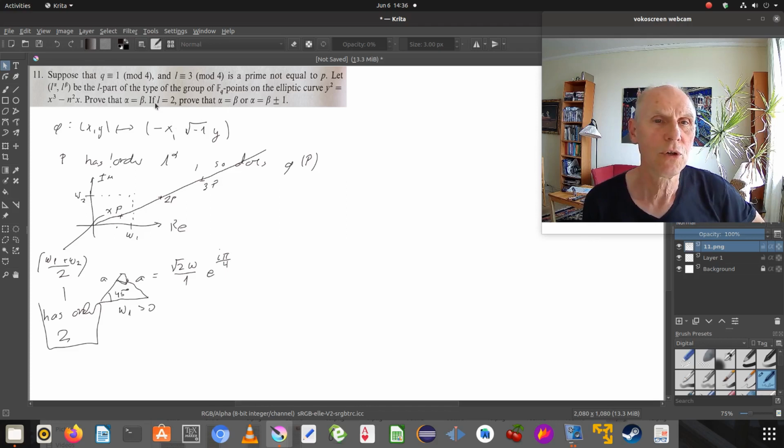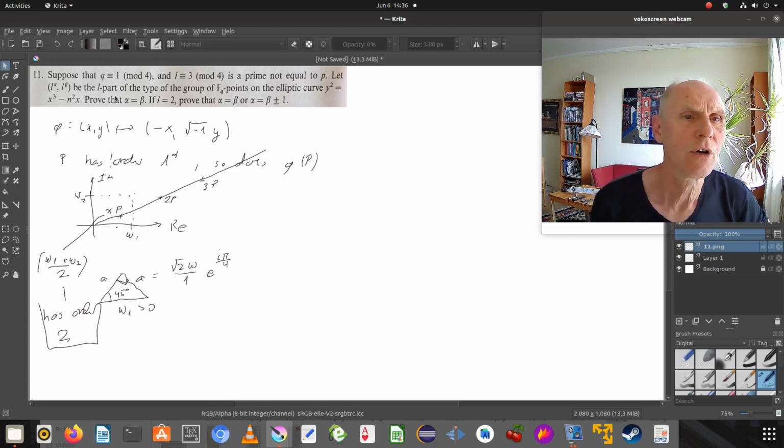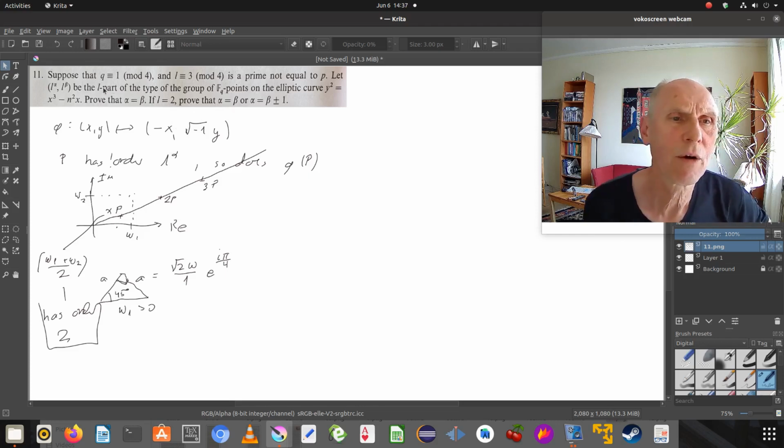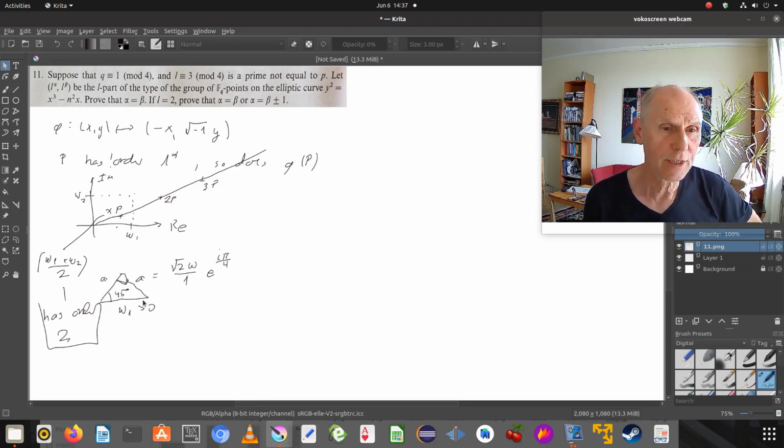Then we have to show that this does not hold if L equals 2, if it's of order some power of 2. Oh, then this comes into play. That was a surprise.